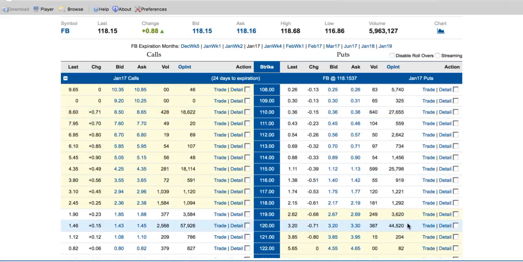There's actually more open interest on the put side over here than there is on this side over here, but then there's a lot of open interest on the out of the money call side. Again, I haven't been charting Facebook. I am not looking to purchase Facebook for myself, so I'm not sure what's happening now with Facebook, but you want to be aware of these things. You want to be aware of the open interest and see why there's a lot of open interest at certain strike prices.